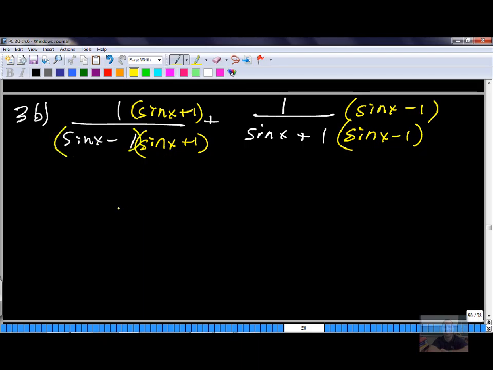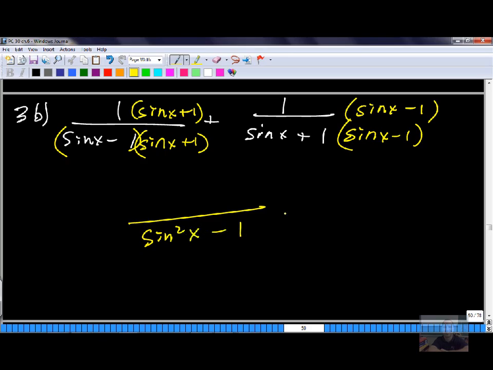So it's going to give you a, no, not a trinomial actually. Close. If you're multiplying binomial conjugates together, it's going to give you a difference of squares. So it's actually just going to give you a binomial, not a trinomial. But that's okay. So sine squared x minus 1 is what you get there.